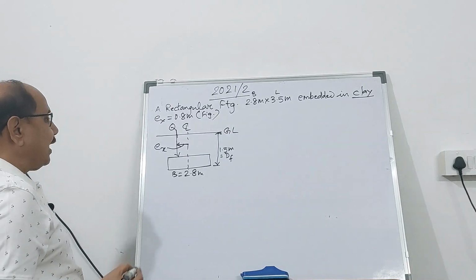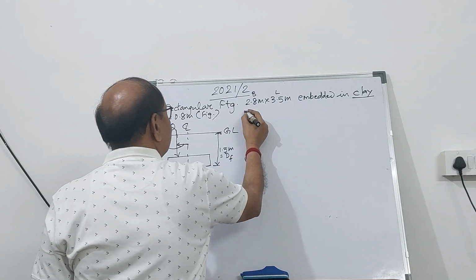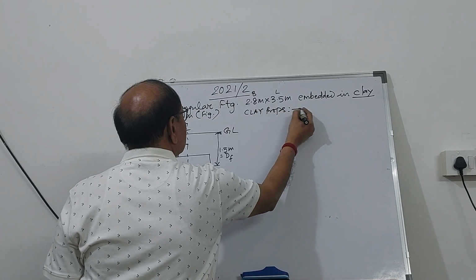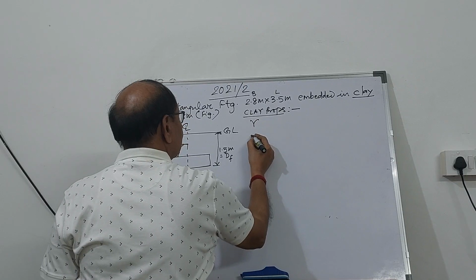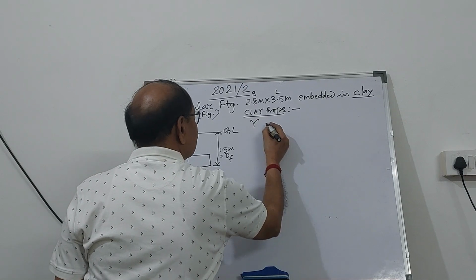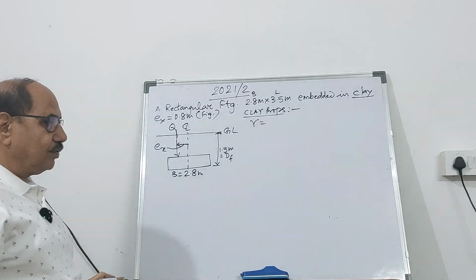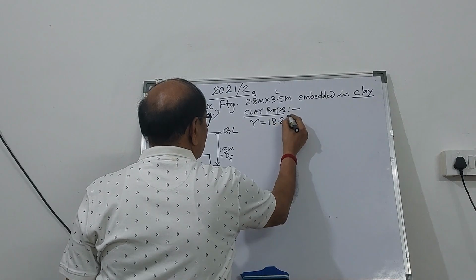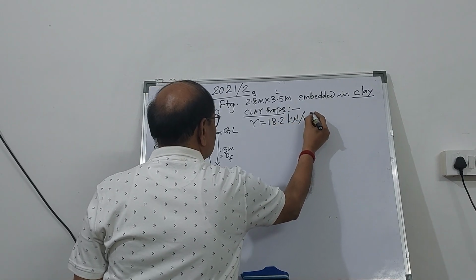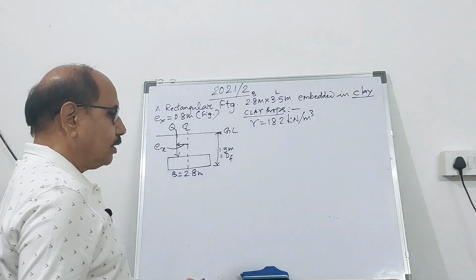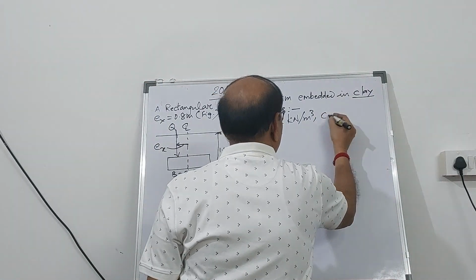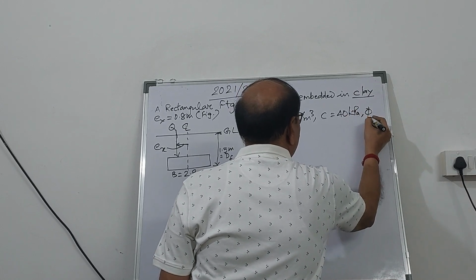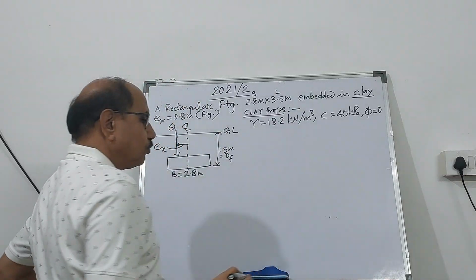And the properties of the clay is given to you. What are the properties? You need gamma. So the value of gamma is given to you as 18.2 kilonewton per cubic meter, and Cu equal to 40 kilopascal, and phi 0 degree.